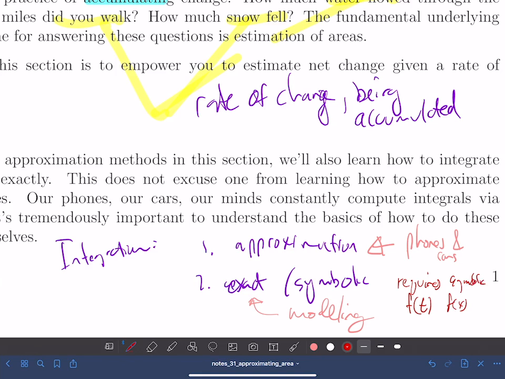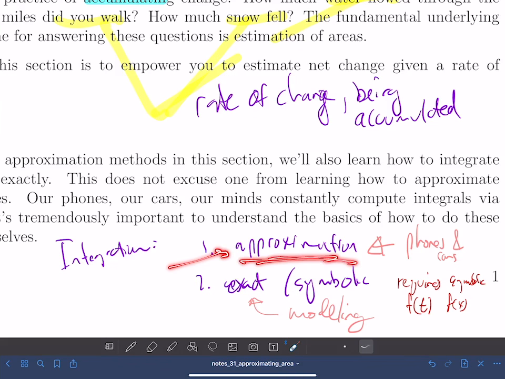But a lot of the times out there in the world, we don't have the symbolic form for the functions that we're integrating. For example, a lot of the integration that our phones and cars do, that our government does in terms of computing the total amount of water that flows over a dam, all of that, we don't have a symbolic function.